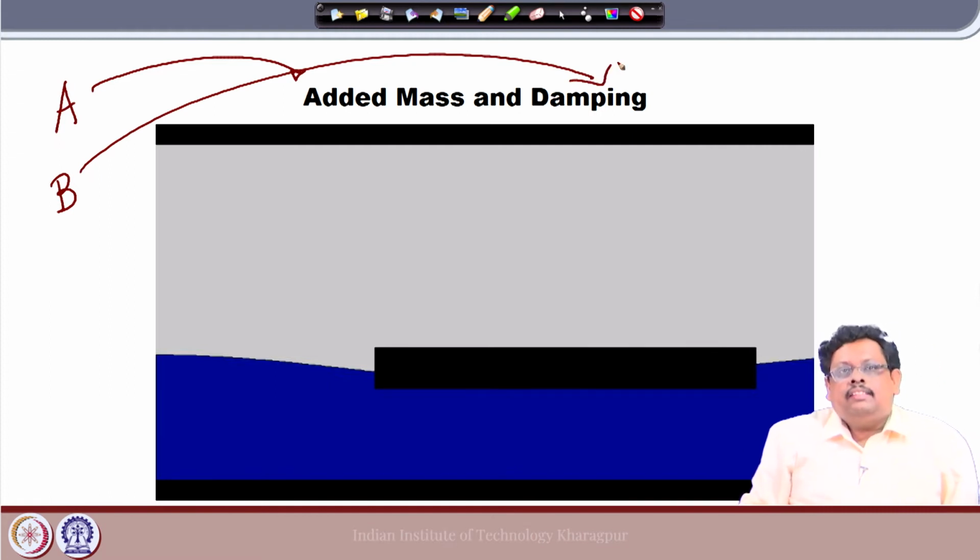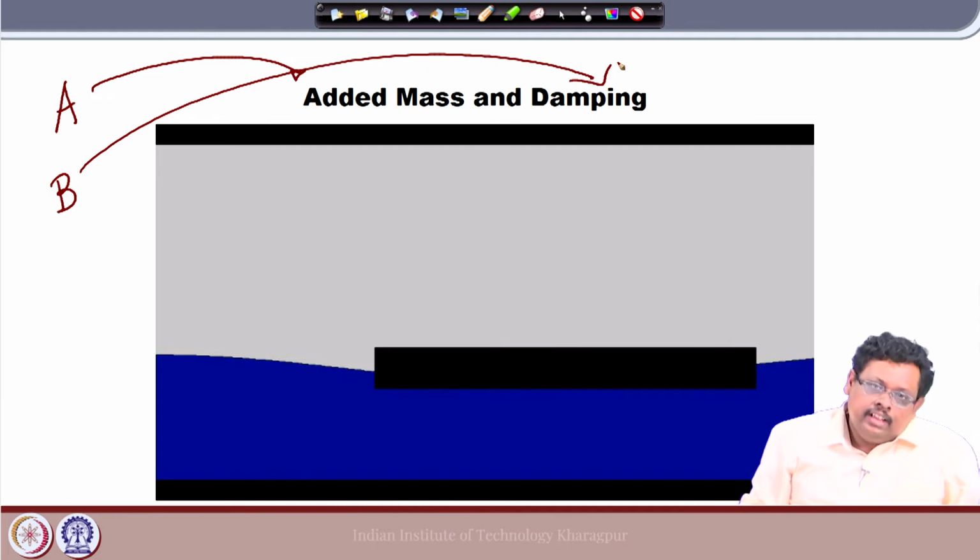Now, what is actually this added mass and damping that we need to know, and that is a very important concept for this particular course. How to calculate the added mass, how to calculate the damping, this is what this course is all about, how to numerically obtain this.